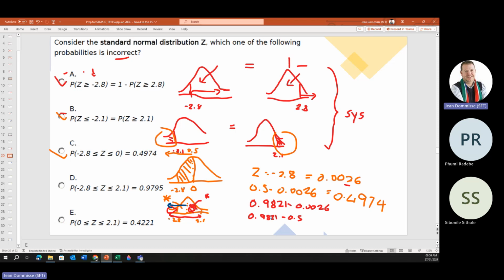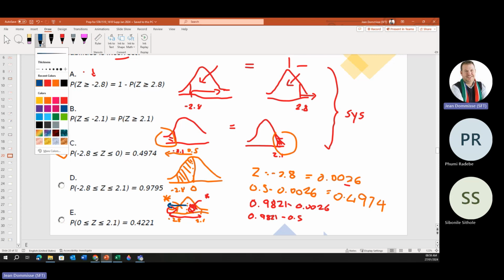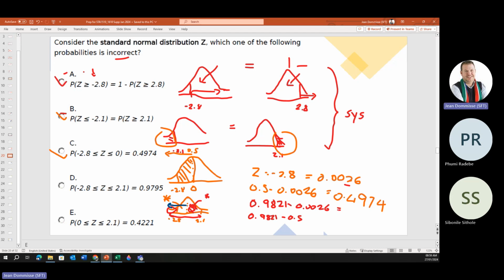Okay, so one can do it two ways, and you need to decide which one is the easiest for you. So if I do 0.9821 minus 0.0026, I do get 0.9795.